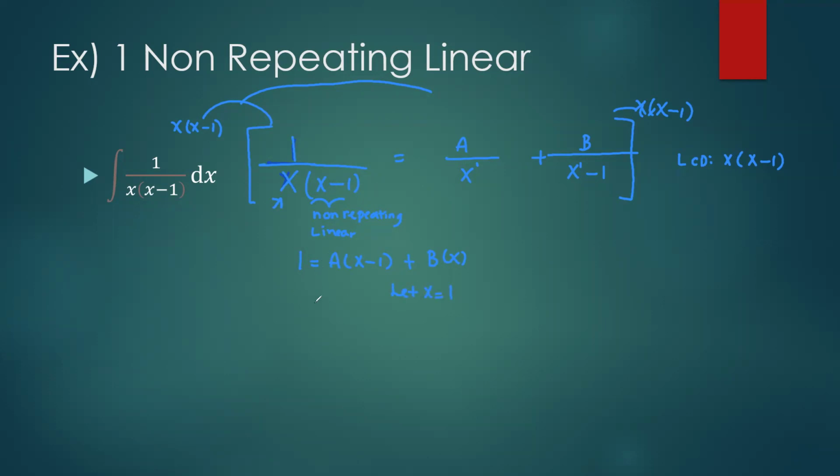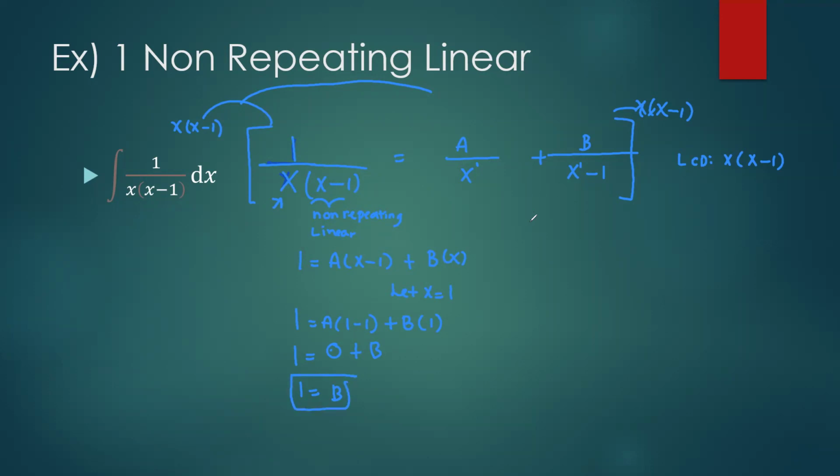So if I plug it back in, I get 1 equals A times, replace x with 1, so that's 1 minus 1, plus B times 1. So this is going to be 1 equals, 1 minus 1 is 0, and then B times 1 is B. So this concludes that 1 equals B. I'm going to box that.